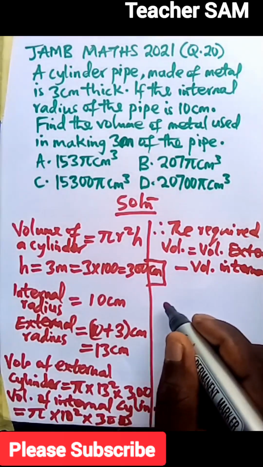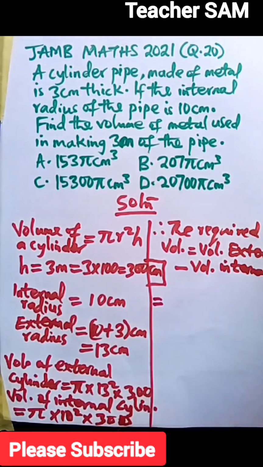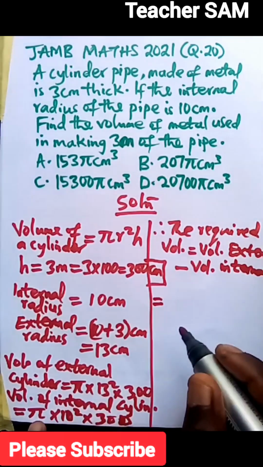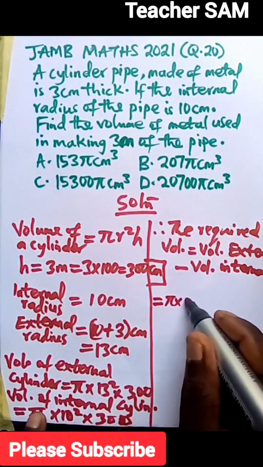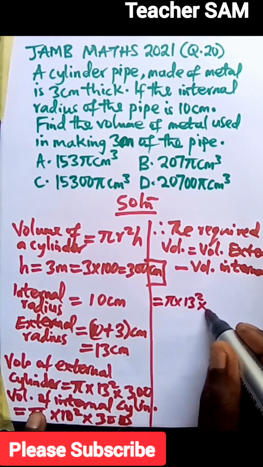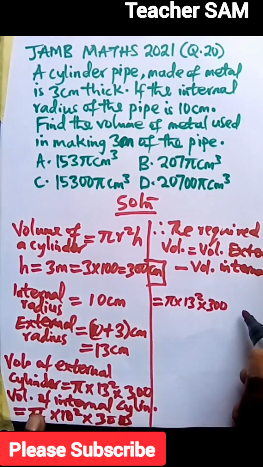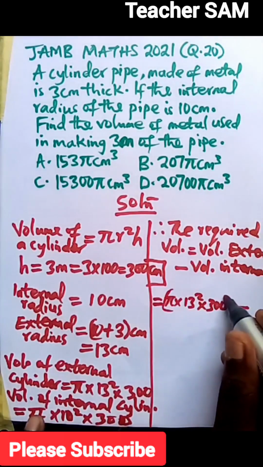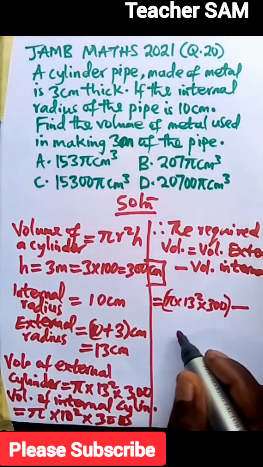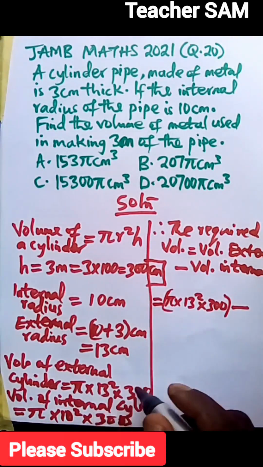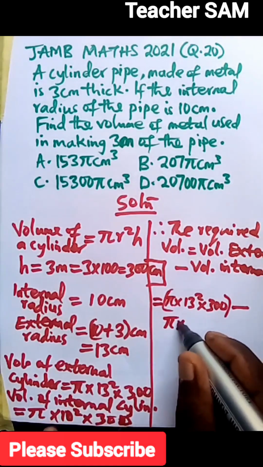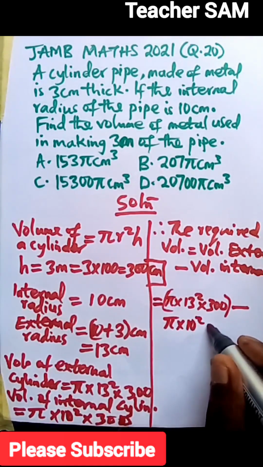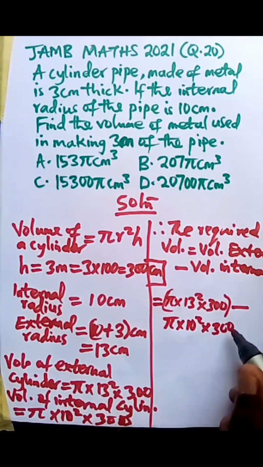So we can now say that will be equals to volume of external, which is pi times 13 square times 300, minus volume of internal, which is pi times 10 square times 300.